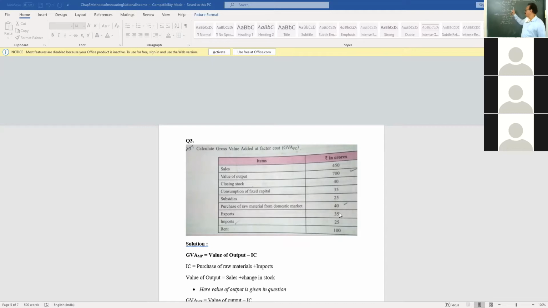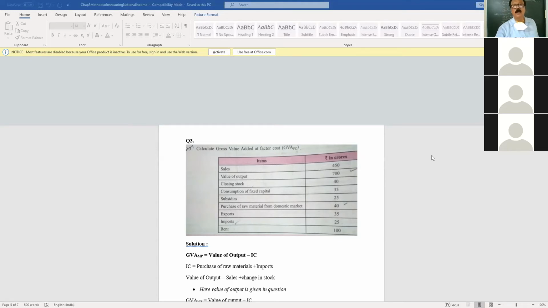Similarly, over here, imports is already included in intermediate cost. But when a purchase is made from the domestic market, then imports will be added, and that is what we have done. Purchase from the domestic market plus imports, and we get the value of 635.